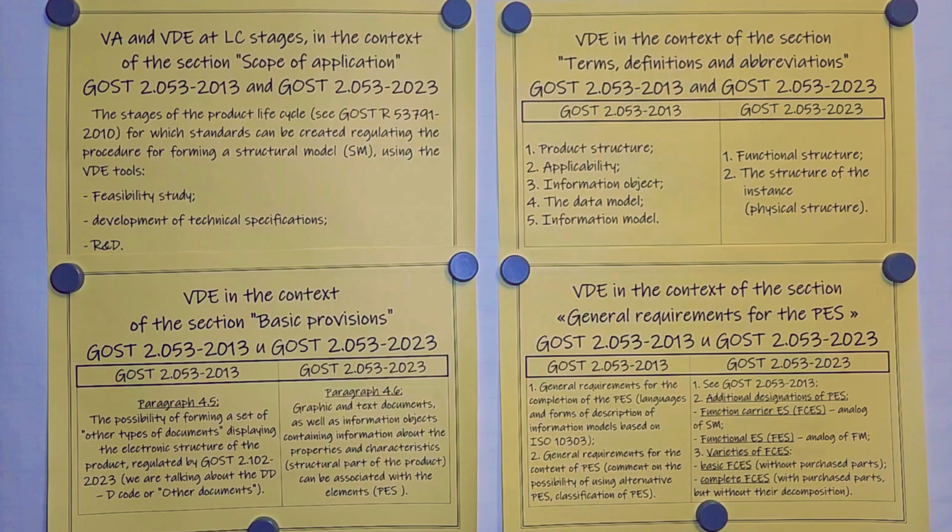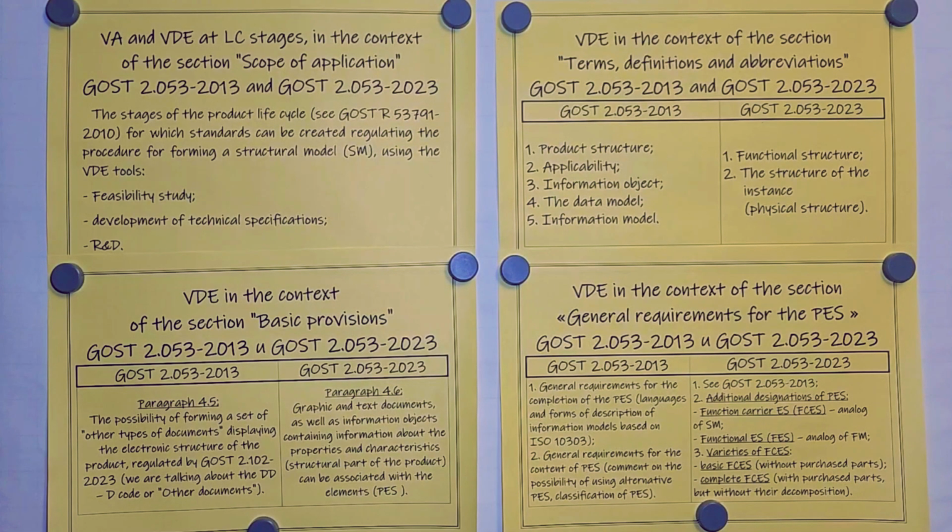The section Basic Provisions, paragraph 4.6 of GOST from 2023 has been significantly revised compared to GOST 2.053 from 2013.